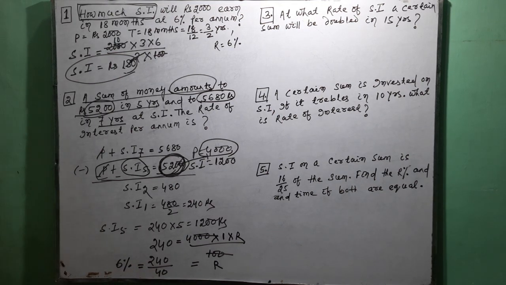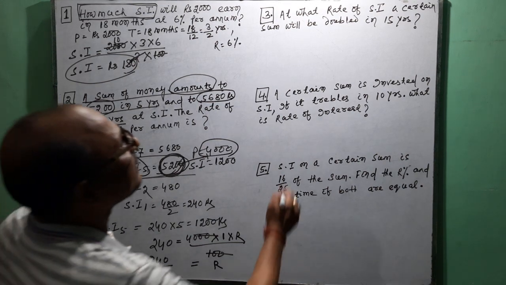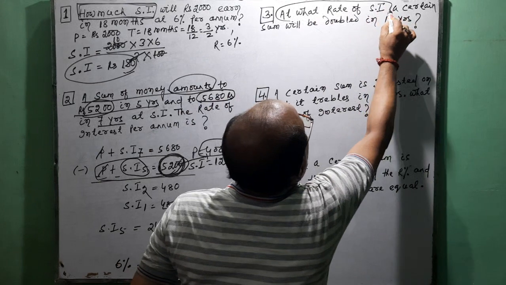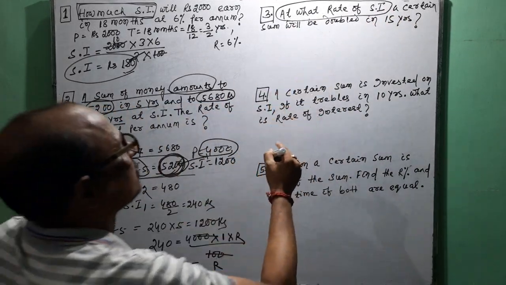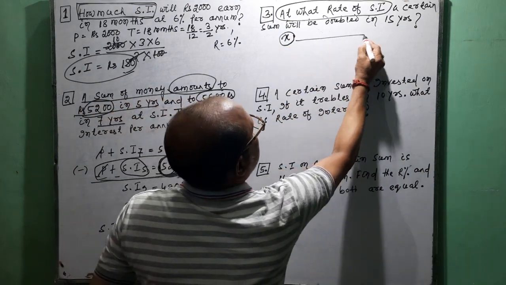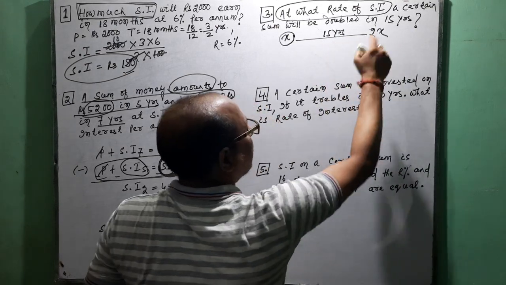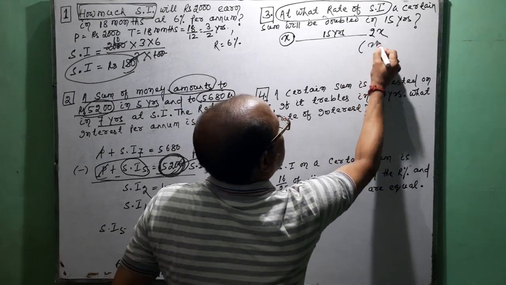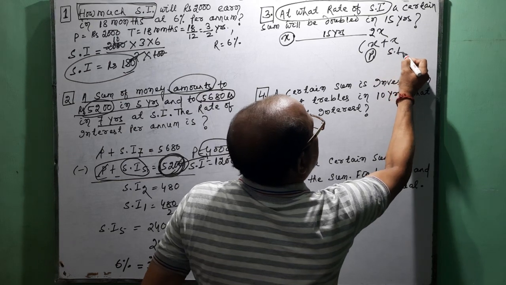The answer is option 3. At what rate of SI will a certain sum double in 15 years? The question asked is, what is the rate of SI? Suppose the sum is X. After 15 years, it is doubled, 2X. Then in 2X, one X is principal and the other X is SI.